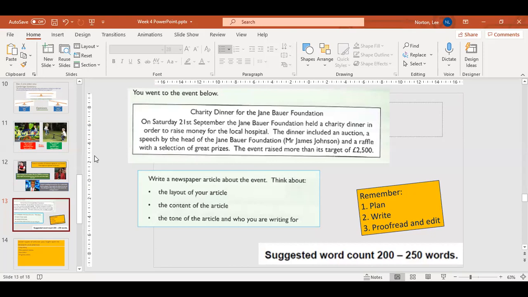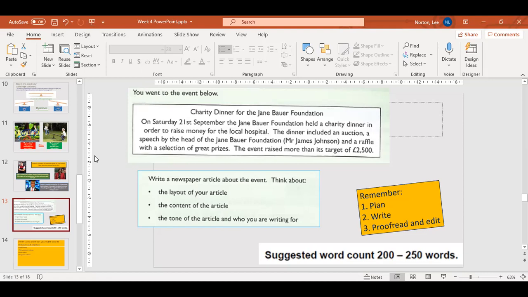The dinner included an auction, a speech by the head of the Jane Burr Foundation, Mr. James Johnson, and a raffle with a selection of great prizes. The event raised more than its target of £2,500. Write a newspaper article about the event. Think about the layout of your article, the contents, and the tone of the article.